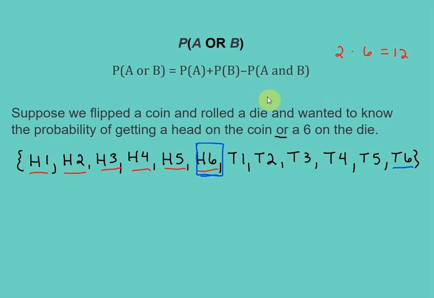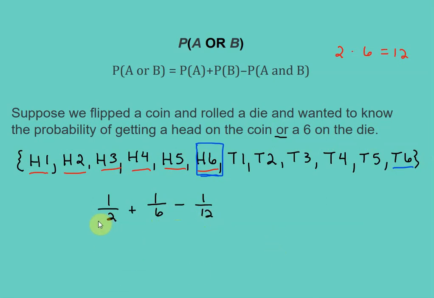So based on our formula, the probability of A, which is getting a head on the coin, is 1 out of 2 because there's one head out of 2 sides, plus the probability of rolling a 6 on the die is 1 out of 6 because there is one 6 on a 6-sided die. And then we have to subtract the overlapping outcome. Well, there were 12 total outcomes and there was one that overlapped, so that's 1 out of 12.